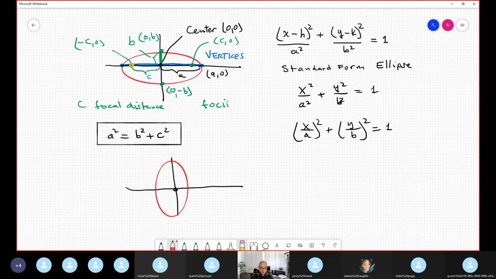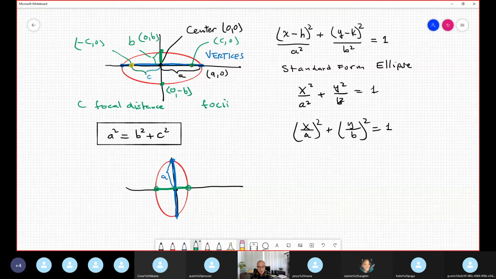The major axis now is here, parallel or coincident with the y-axis. This is a now. And this is a vertex, and this is another vertex. And this is the minor axis, and this is the endpoint of the minor axis.